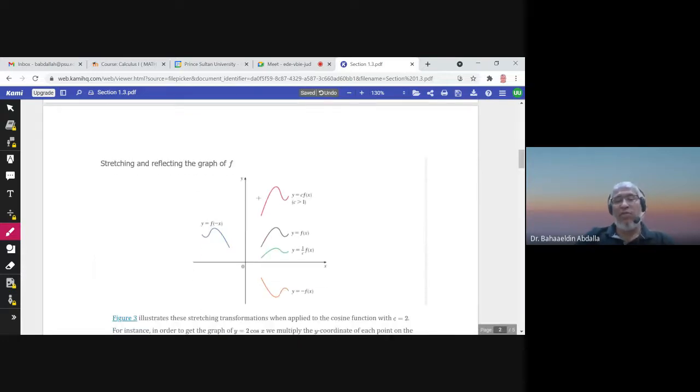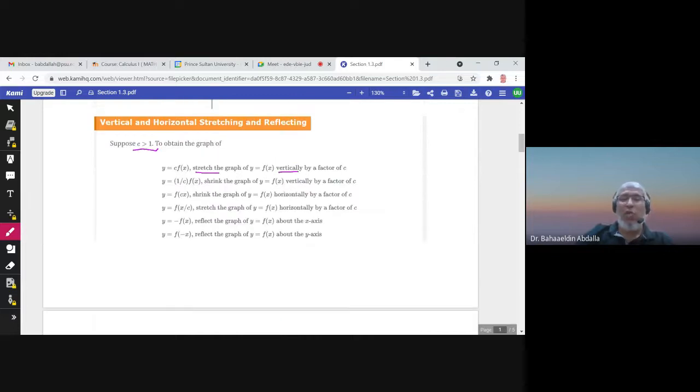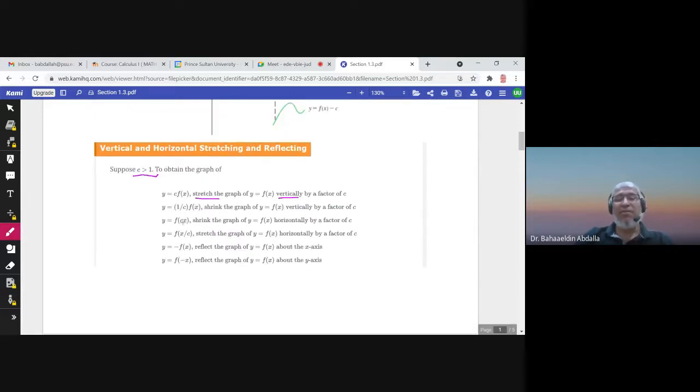like this. So this is the original function f of x. You stretch vertically, shrink vertically like this, shrink vertically. While with x, if c is 2, then it's shrinking.